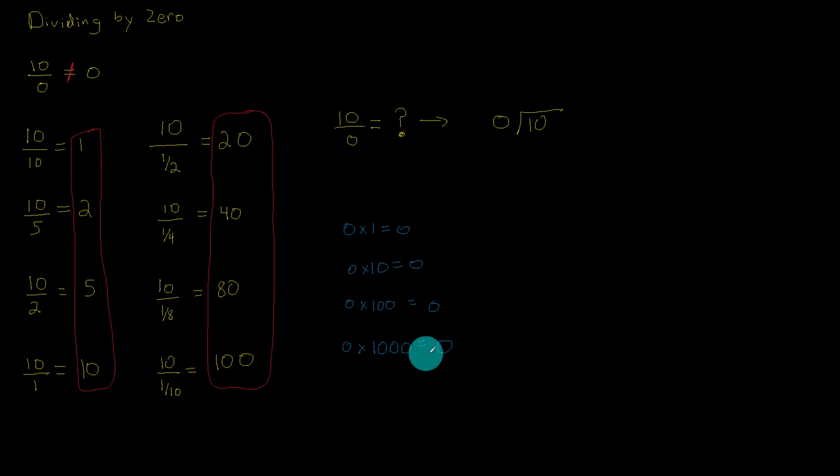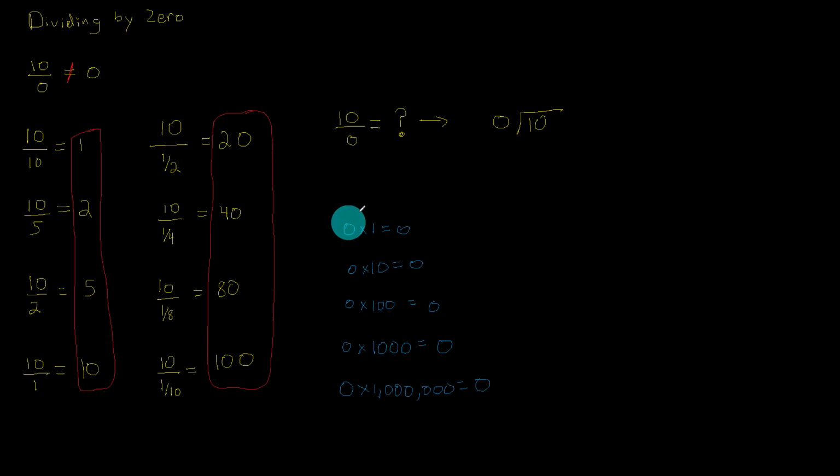I'm going to just throw one more in. 0 times 1 million this time. And we're going to find again that this is equivalent to 0. So regardless, whatever you try to multiply 0 by, it will always result with a product of 0.